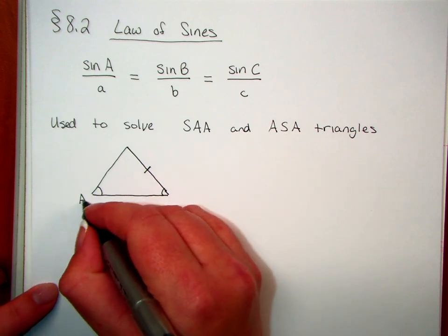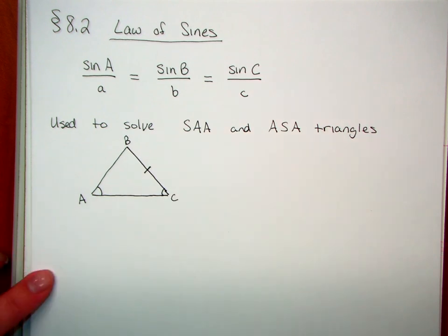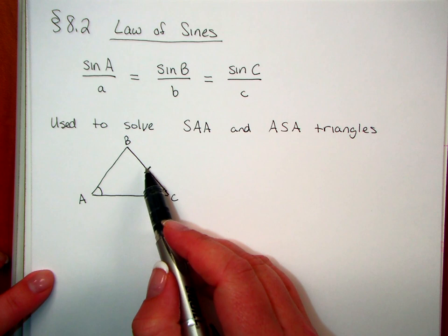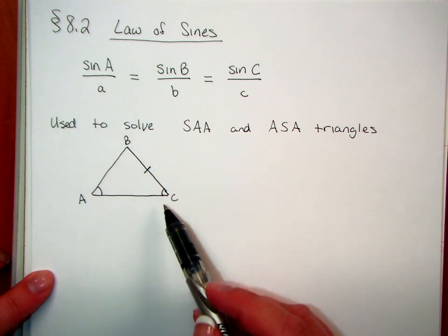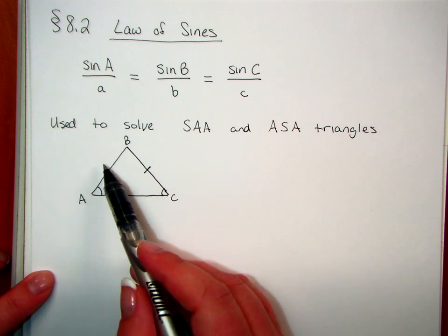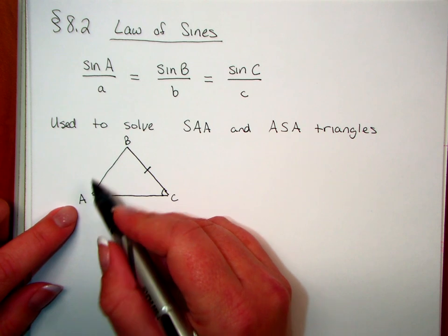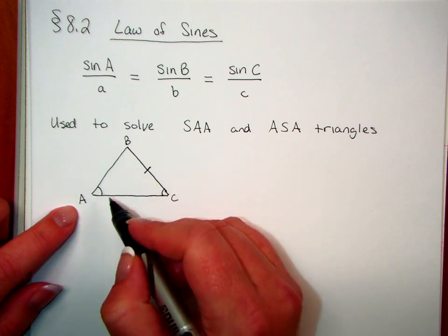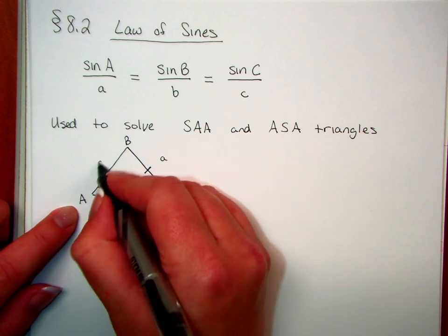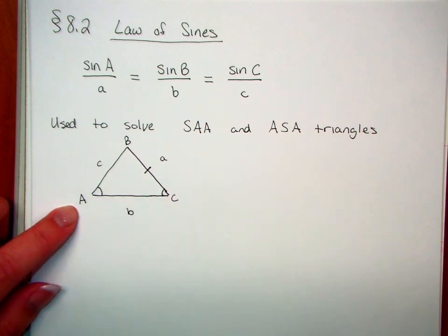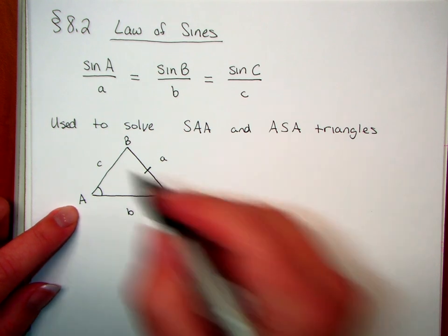Because if I label these corners A, B, and C, we know angle B and we know side b, and so we can set up the proportion, and then solve for little c, the side opposite angle C. The angles are normally labeled with capital letters, and the sides opposite those angles are labeled with a lowercase letter. So this is what a side-angle-angle would look like.